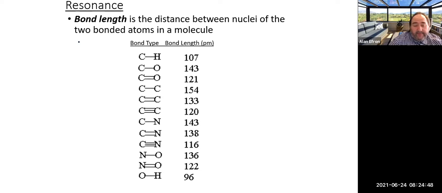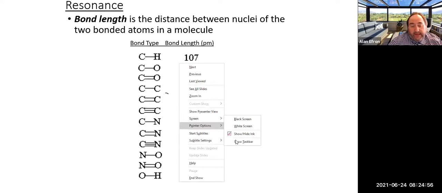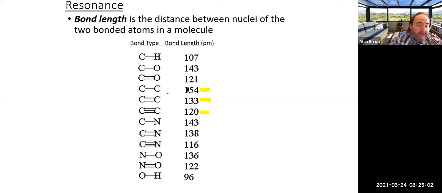If we look at the carbon-carbon single bond, double bond, and triple bond, we see that the single bond is 154, the double bond is 133, and the triple bond is 120. If we look at the carbon-nitrogen single, double, and triple bond, we see a similar pattern. The single bond is 143, the double bond is 138, and the triple bond is 116.